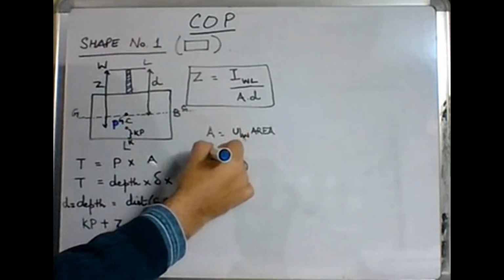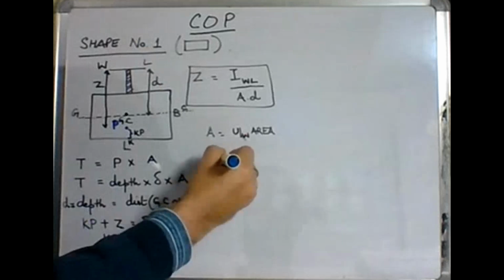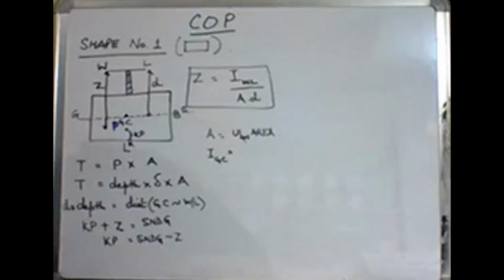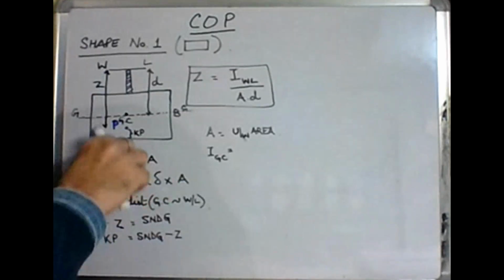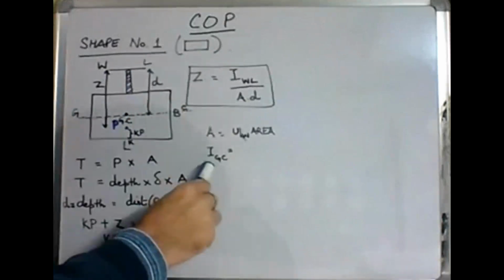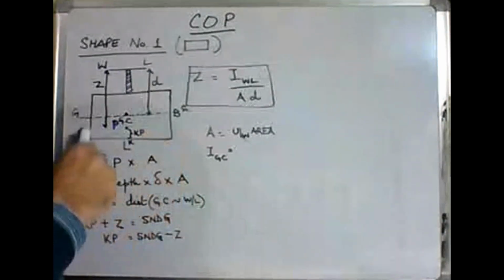So IGC is equal to the moment of inertia of a rectangular water plane.